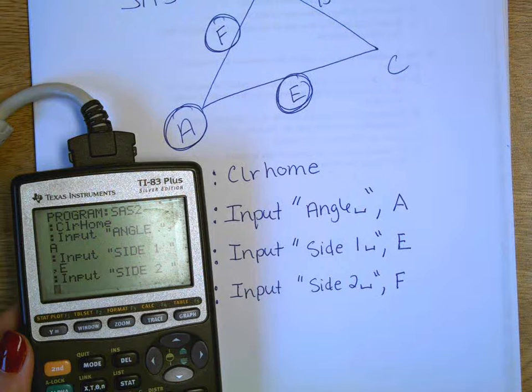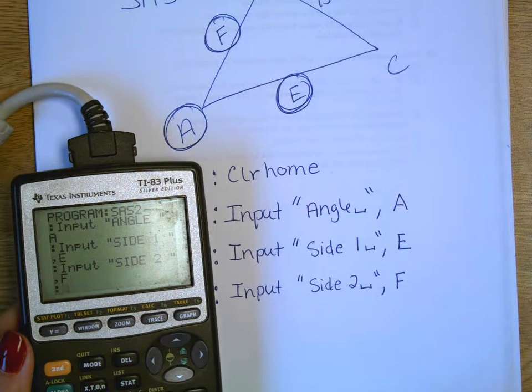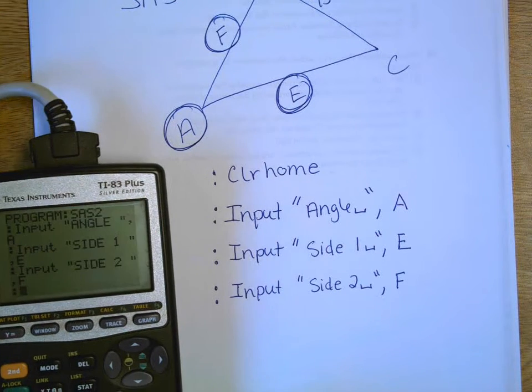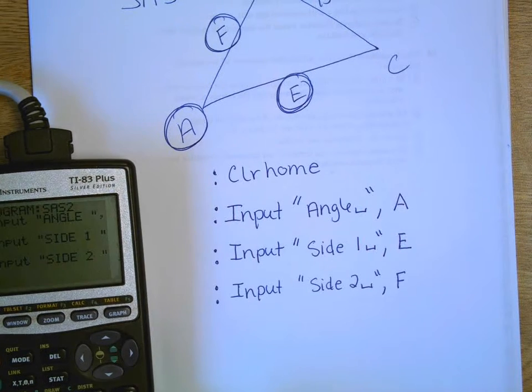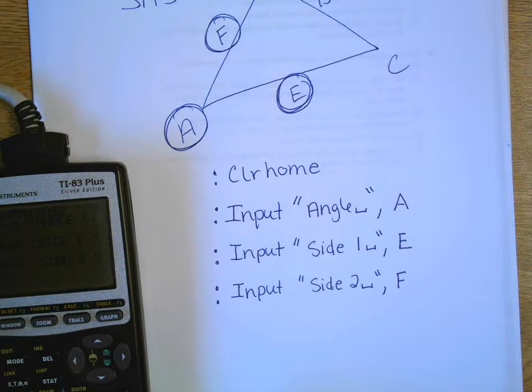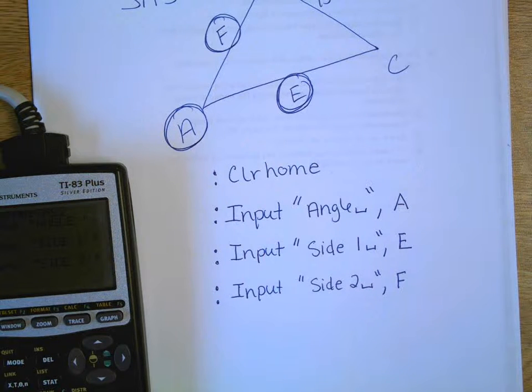Oh, that came up as J. You have to hit alpha. It's kitty corner from the 7. There's one down. 2 more to go.